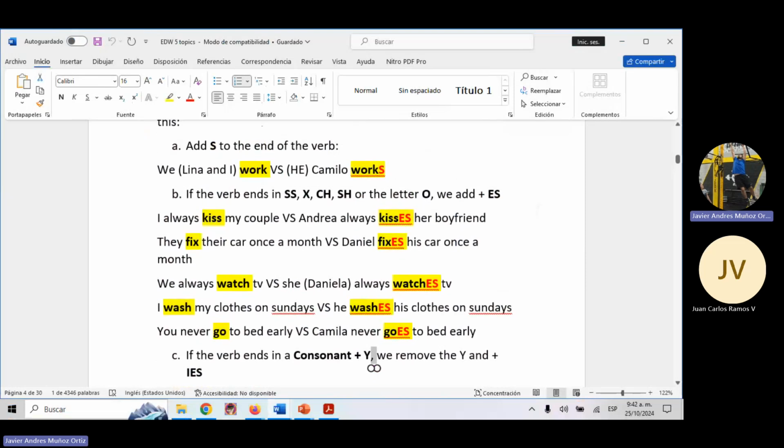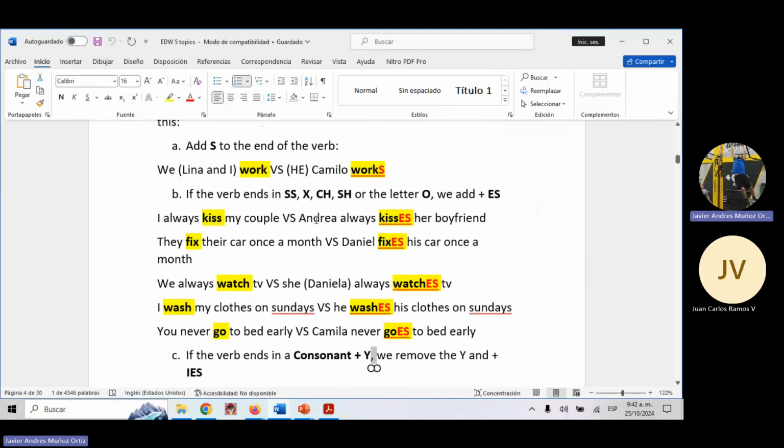Second situation, if our verb ends in S, X, CH, SH, or O, we're going to add ES. Why? Because we need a vowel in order to be able to understand that we are modifying the verb. Otherwise, the verb is not going to be understandable, right? For example, I kiss my couple versus Andrea kisses her couple.